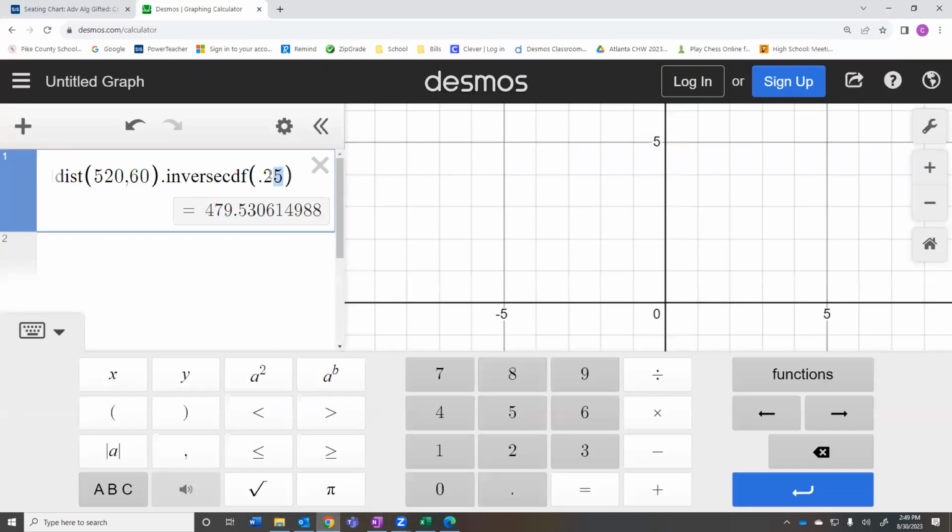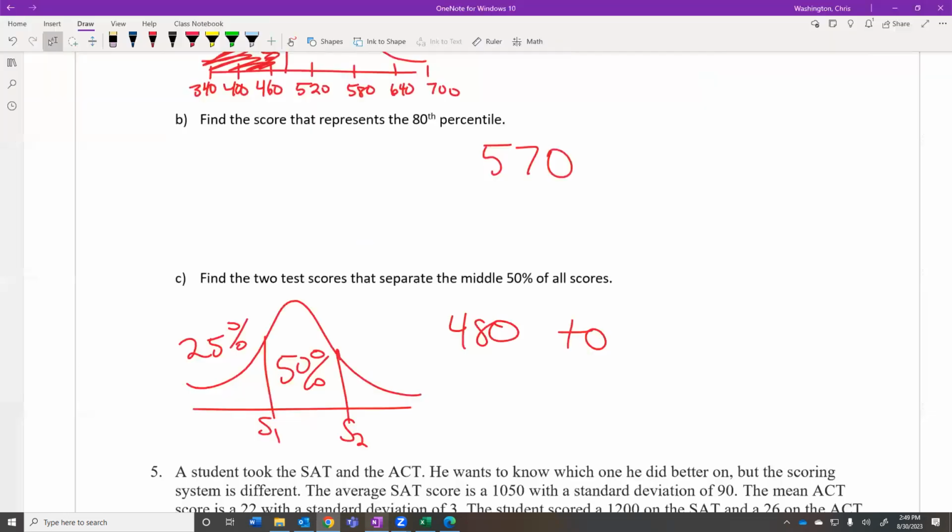So we would change the 0.25 to 0.75. So a 560. So a score between 480 and 560 would represent the middle 50% of everyone that took the math portion of the SAT. So if you were somewhere between 480 and 560, you would be considered the middle 50%.